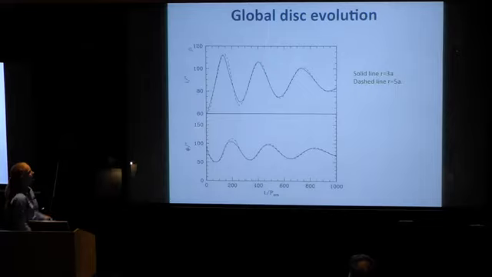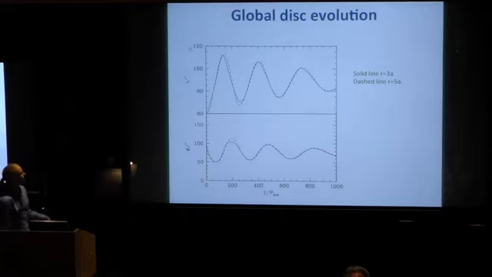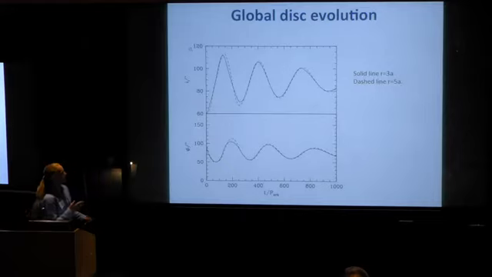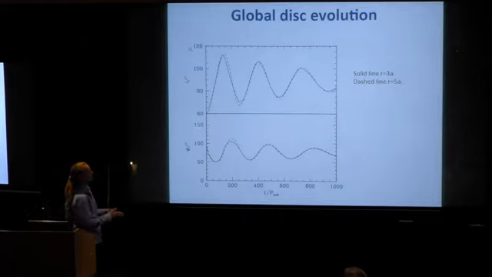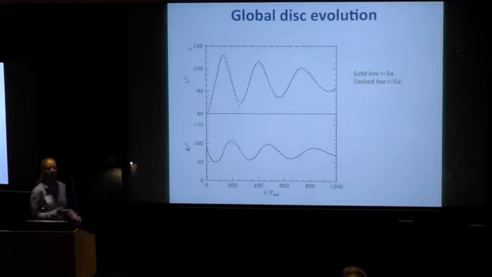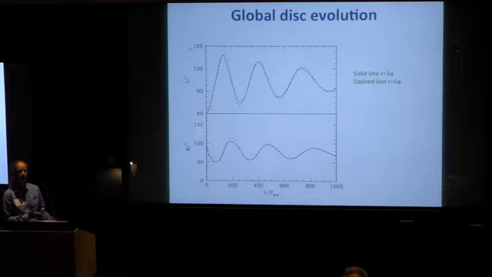And here, this shows the evolution of the inclination and the longitude of the ascending node. I show 2 different radii in the disk, 3a and 5a. You can see that this is quite different to the test particle situation. For the test particles, they precess on very different timescales.